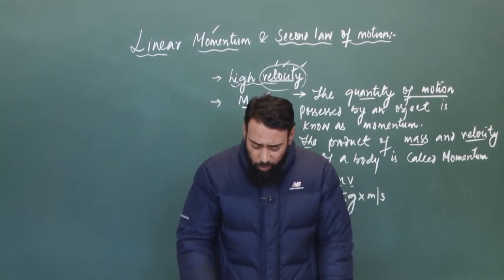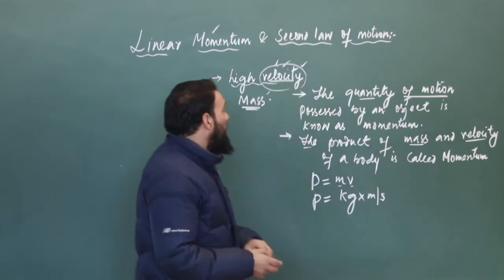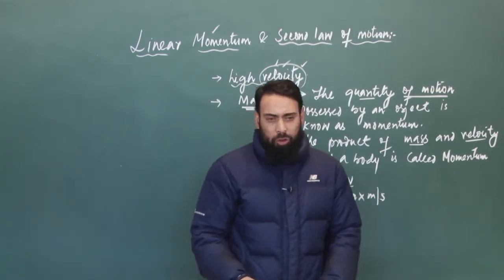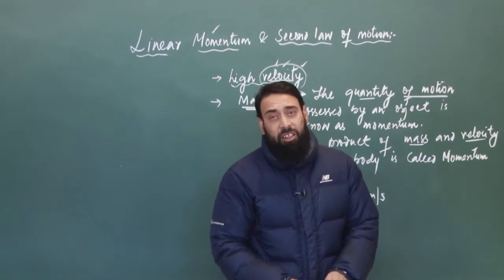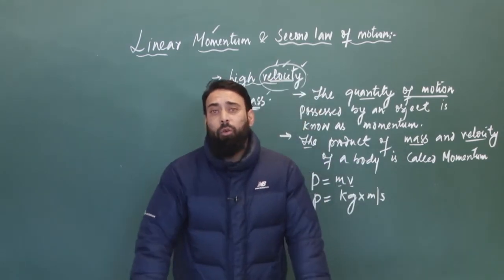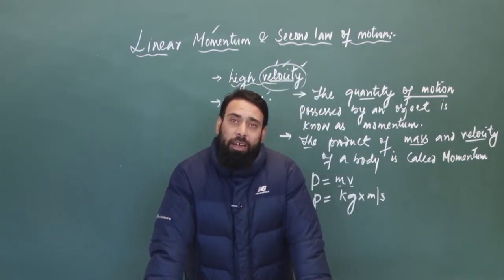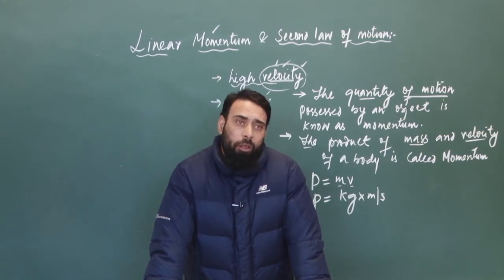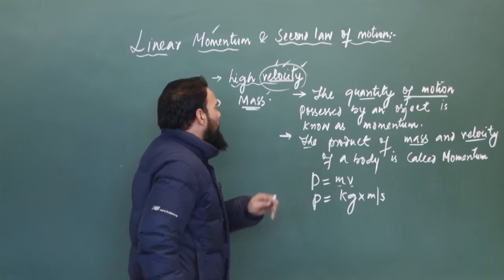Now, what is the relation between this momentum and the second law of motion? You know, Newton, a great scientist, gave us an idea about what happens whenever we apply force on a body. For example, we take an example again.